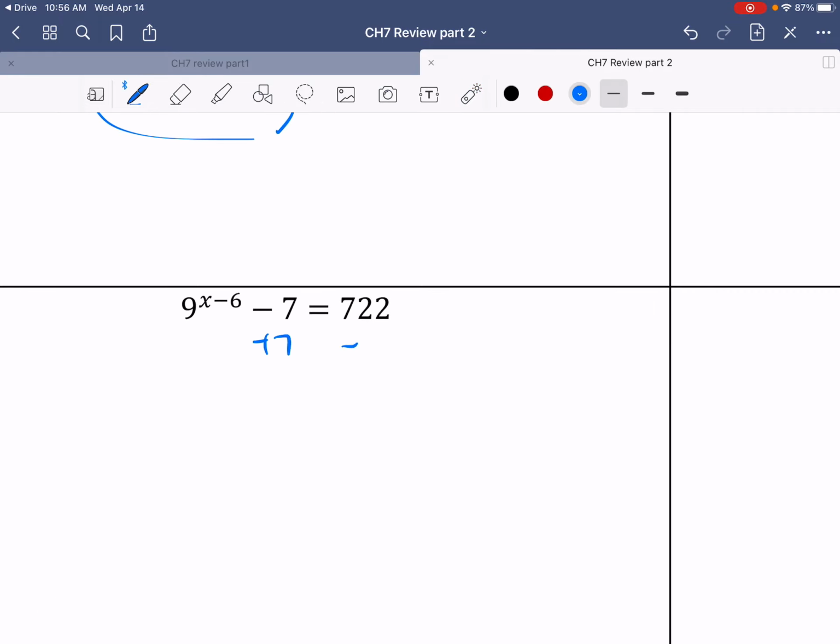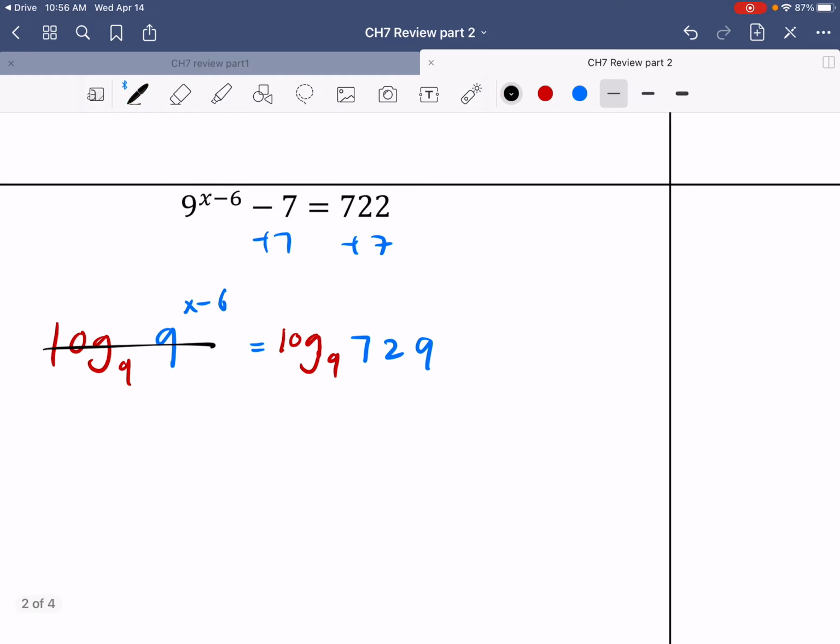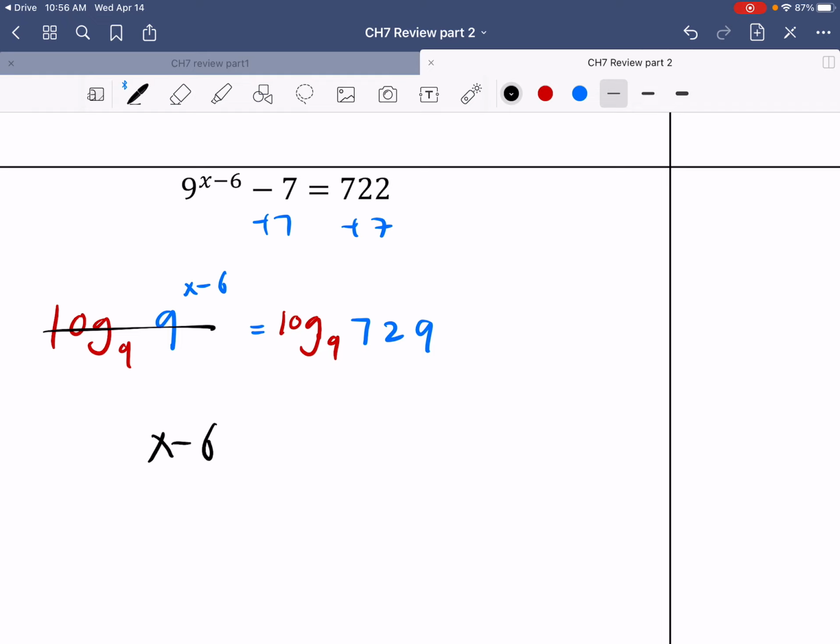Now let's try this question, and you're gonna do this one. Plus 7 both sides. So you will have 9 to the x minus 6 equals, let's leave some space, like that. So we have to get rid of this base 9. So I'm gonna do log base 9 both sides. So this one will disappear. x minus 6 is equal to, I mean, I don't know what this one is.